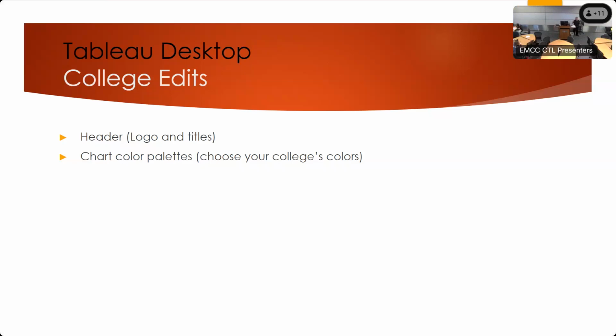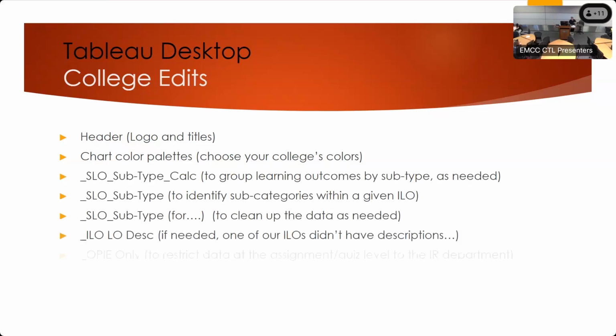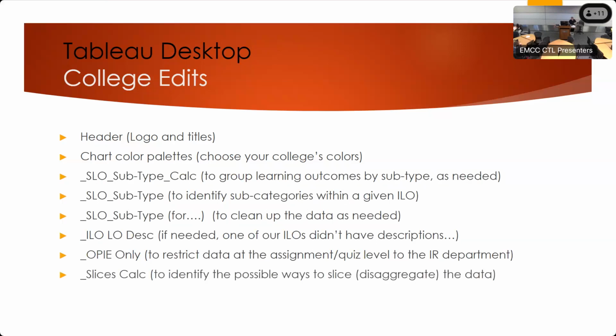in my normal job. This is some of the college edits. Go figure, you've got to change your header. You've got to change your logo, your colors, palettes. Use the palettes that are provided for you from district. You're going to need to edit the subtypes. Make sure the categories work for you. You're going to need to clean up the data as needed. Clean up the descriptions, etc. It's not bad.